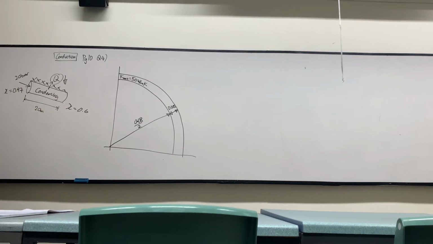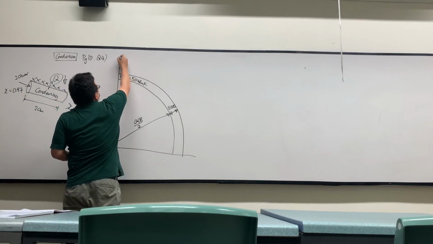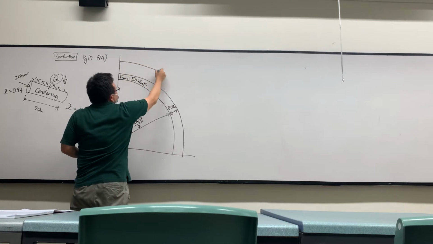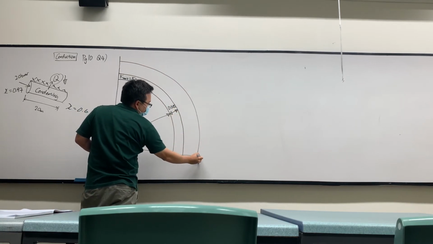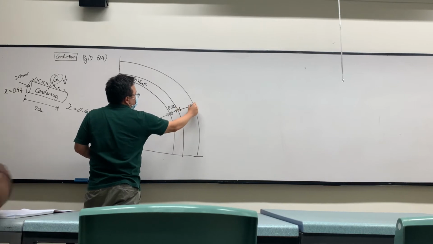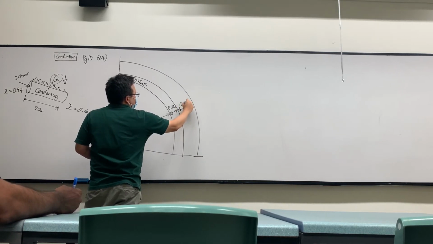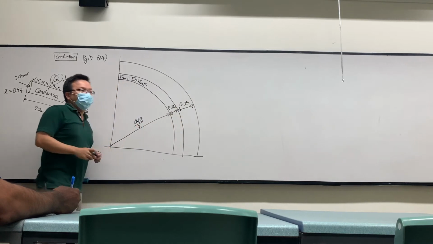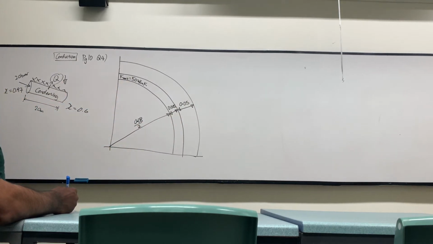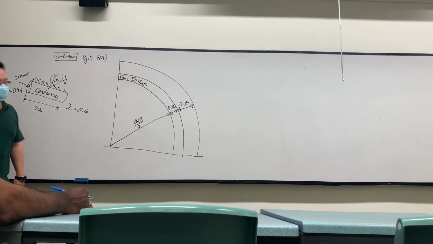Cover with lagging. So lagging basically means insulation. So maybe this one is the word insulation there, because you don't know what I mean. So lagging is 50 mm thick, with a thermal conductivity of 0.065.